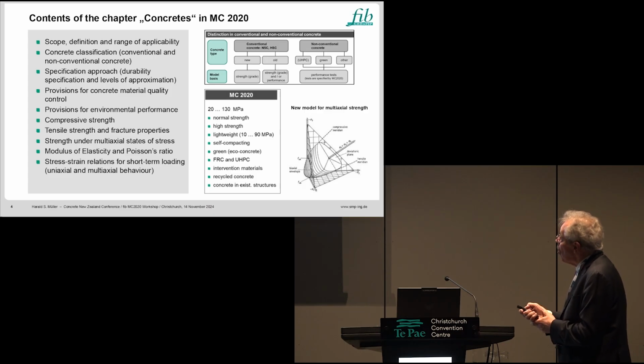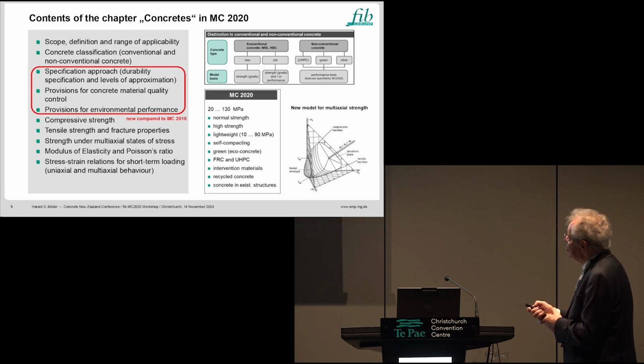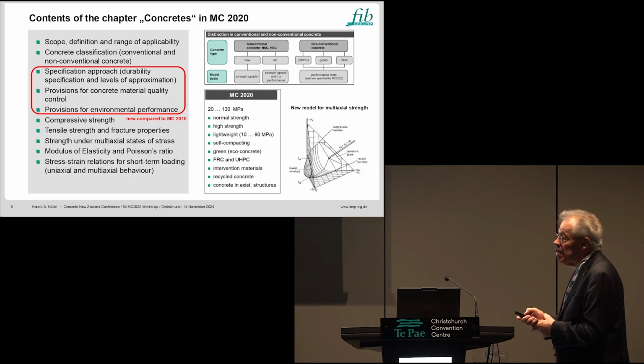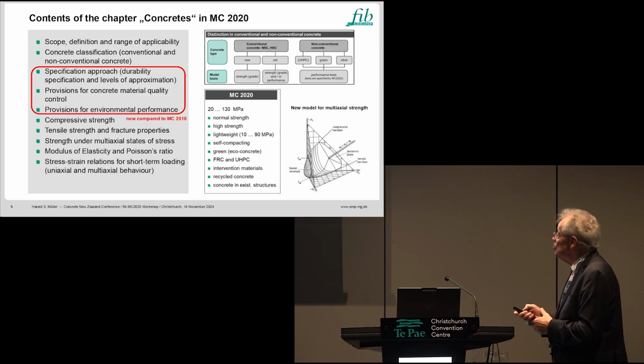What is really completely new are the subchapters on specification approaches for durability specification, the provisions for concrete material quality control, and the provisions for environmental performance. Those parts are not in Model Code 2010 so far.